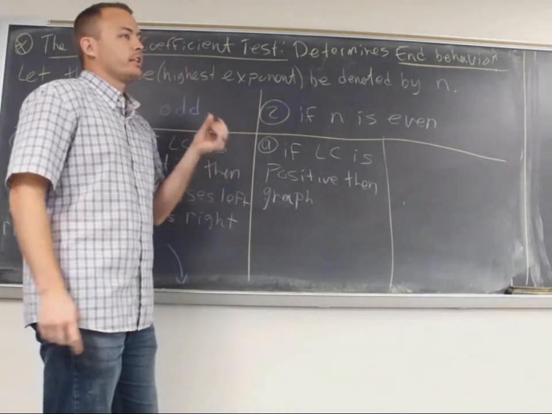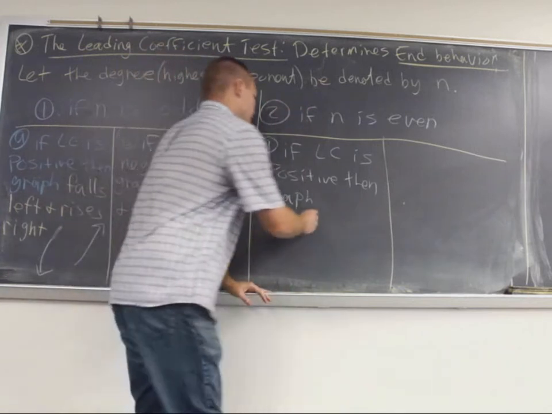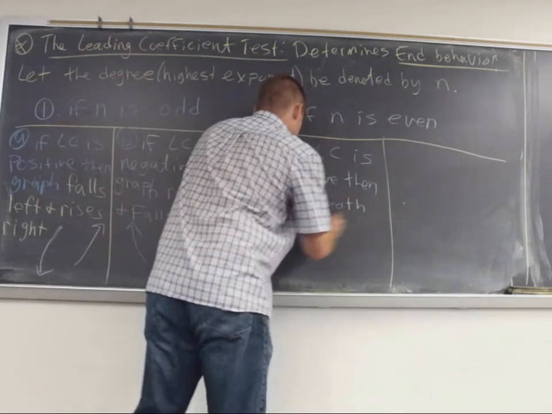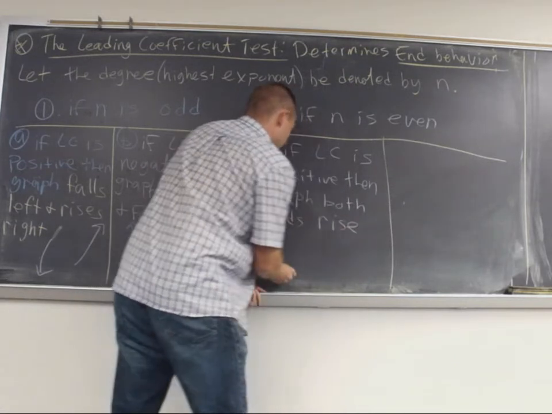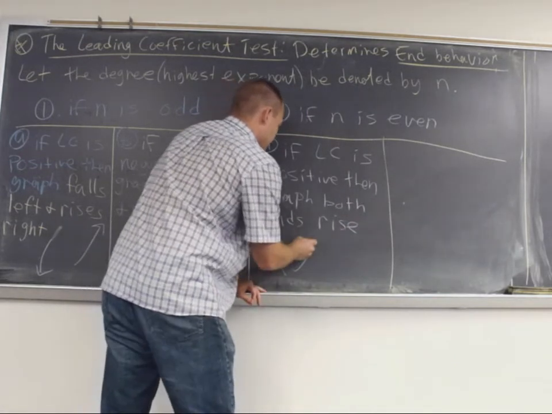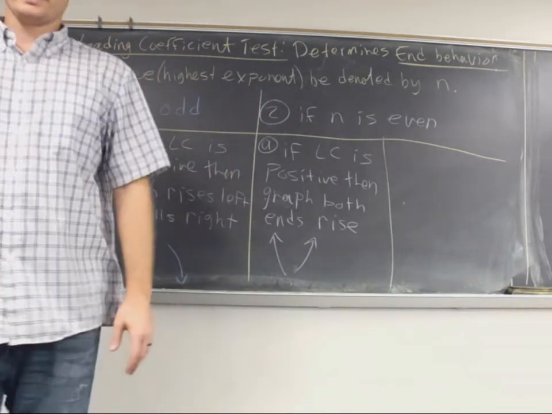If A is greater than 0, which is positive, that means both ends rise. So up and up. Okay, think back to when we're working quadratics in the vertex.